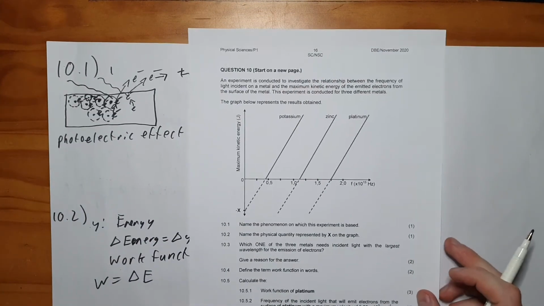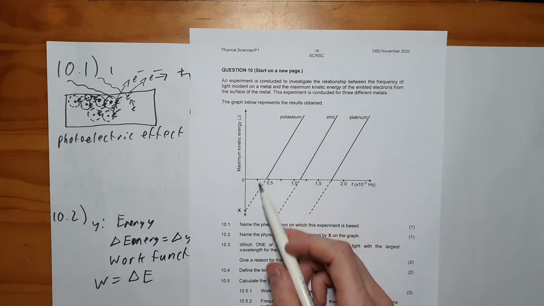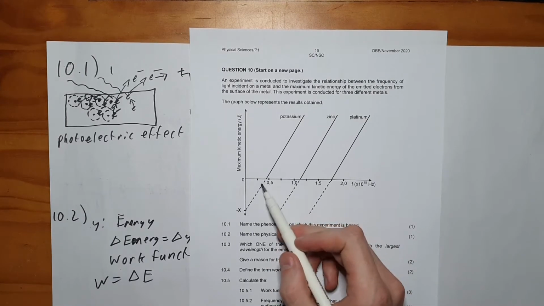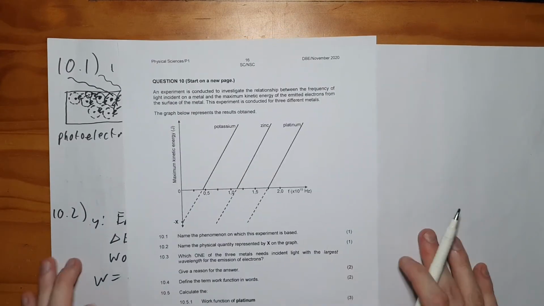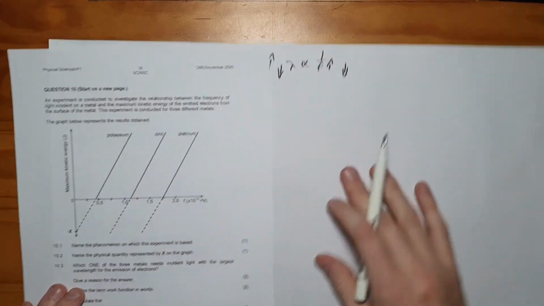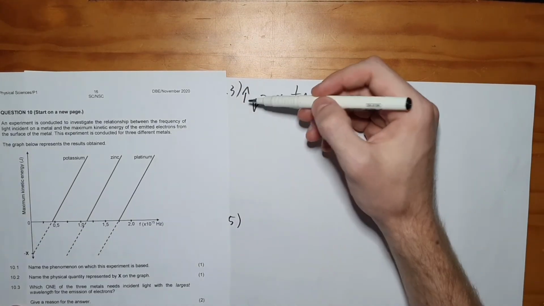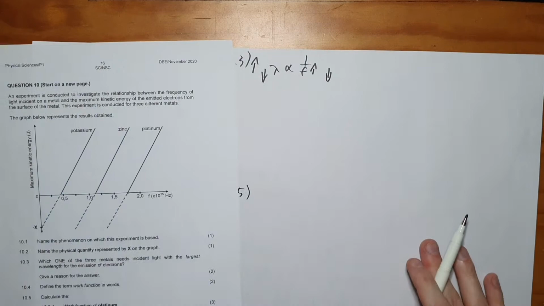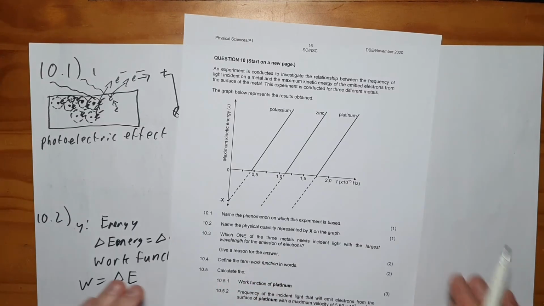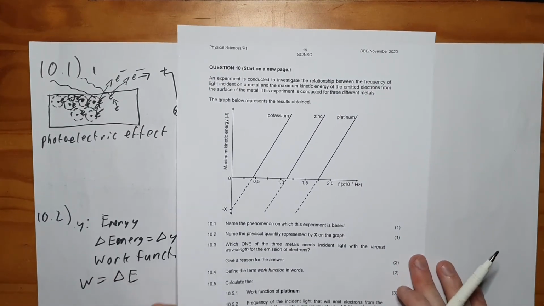So if we just look at the graph here, which one has the smallest frequency? We can see over here, potassium does. Because potassium has the smallest frequency, I'm decreasing my frequency over here, which means I'm increasing lambda, therefore increasing my wavelength. So the one that needs the largest wavelength is potassium.